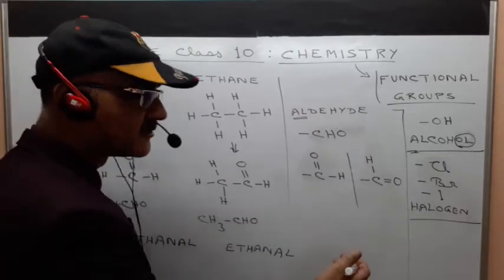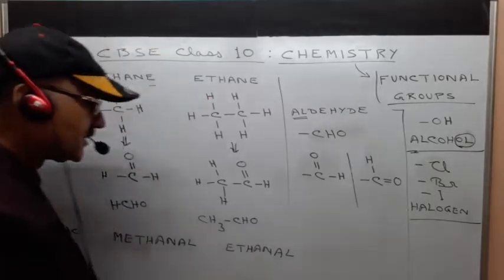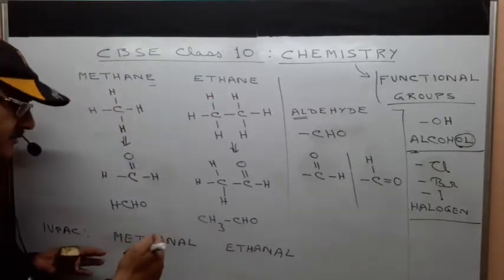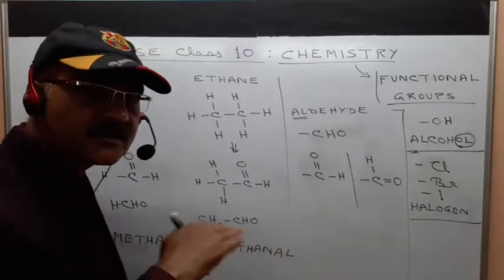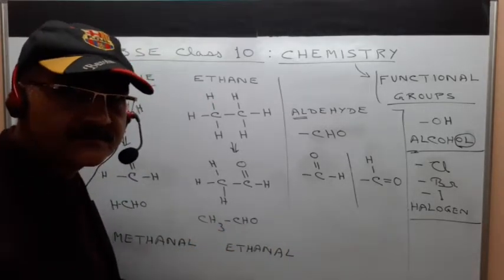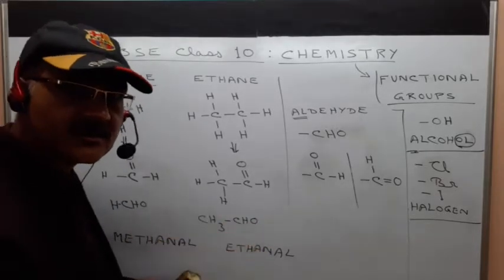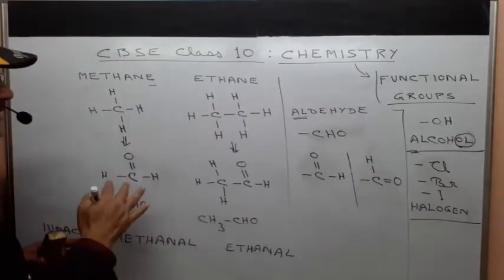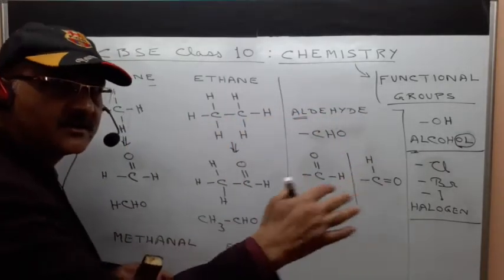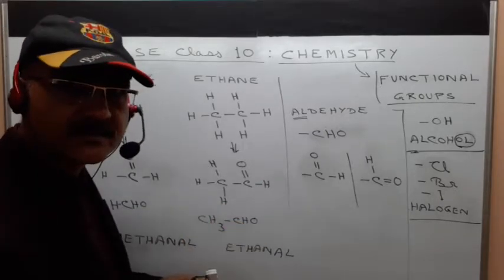Similarly, for propane, it will be propanal. Okay? Now, all these compounds, methanal, ethanal, propanal, have similar chemical properties. I think you have already guessed that when a functional group combines with methane, ethane, propane, etc., the resulting compounds all will have similar chemical properties.